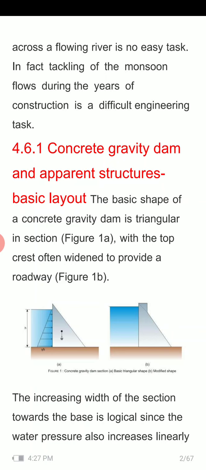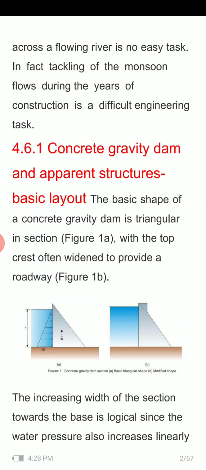In the first case, figure 1a, the top crest is not widened, but in the second shape, figure 1b, there is extra widening provided at the crest for the passage of roadway or inspection of the dam site.